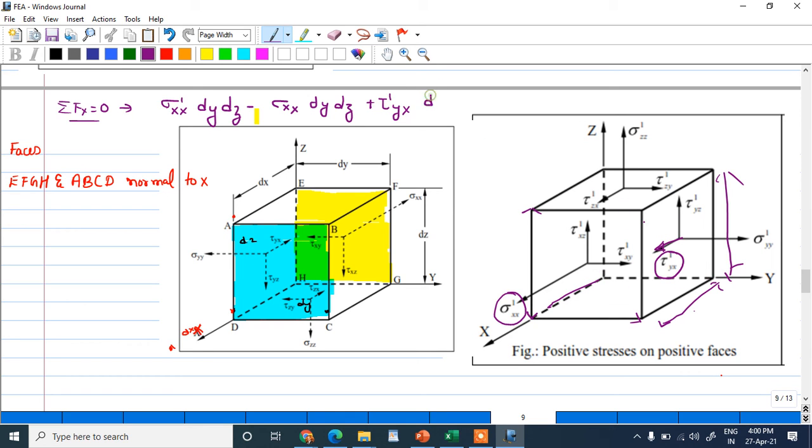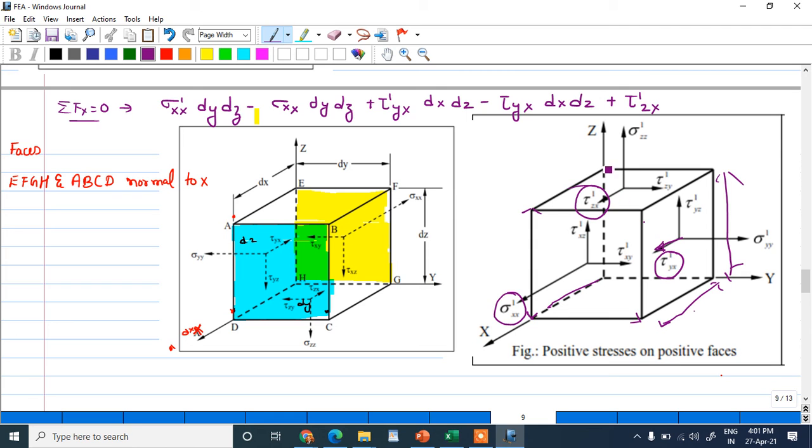You can multiply dx dz. Minus, in the opposite direction we have negative shear stress tau yx with the same dx dz, that is done. And again we have one more shear stress, that is tau dash zx. You can see that particular force is here.